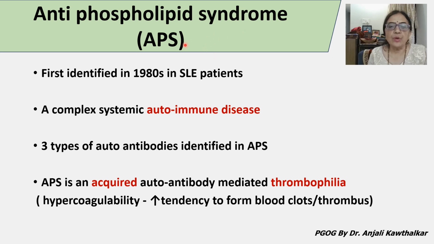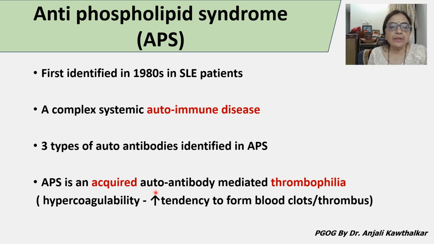Antiphospholipid syndrome, or APS, was first identified in the 1980s in SLE, systemic lupus erythematosus, patients. It is a complex systemic autoimmune disease. So it is a systemic disease, it is an autoimmune disease. Three types of autoantibodies are identified in antiphospholipid syndrome.